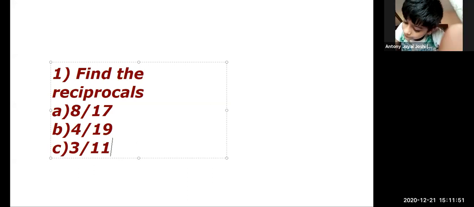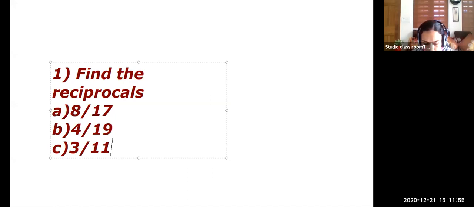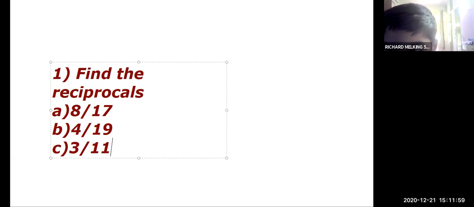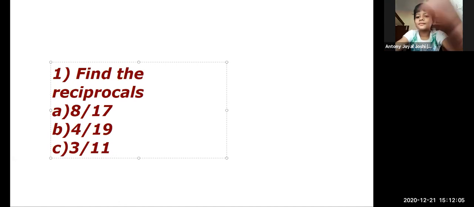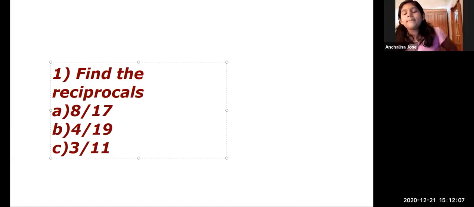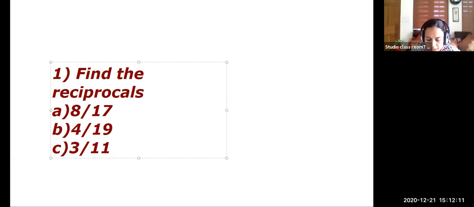First, write down the questions. Madhav, all others please wait and be quiet. Okay, Madhav, 8 by 17. What is the reciprocal of 8 by 17?